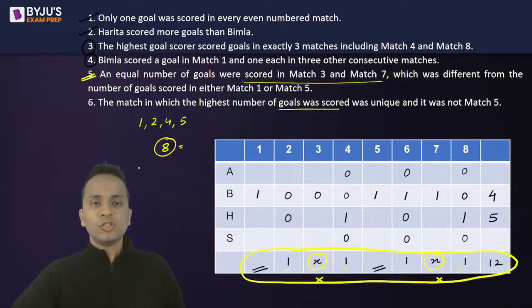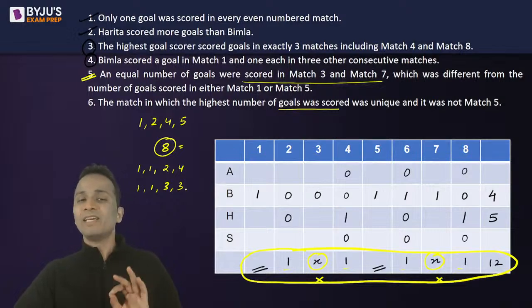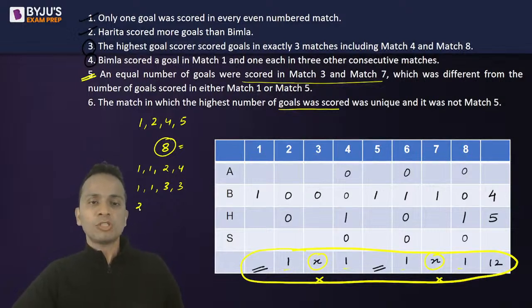If I assume these values as 1, 1, the other two matches may have the values 2, 4 or 3, 3. Right? So 1, 1, 2, 4, 1, 1, 3, 3 is one possibility. Another possibility can be 2, 2, 1, 3. Another possibility can be 3, 3, 1, 1.